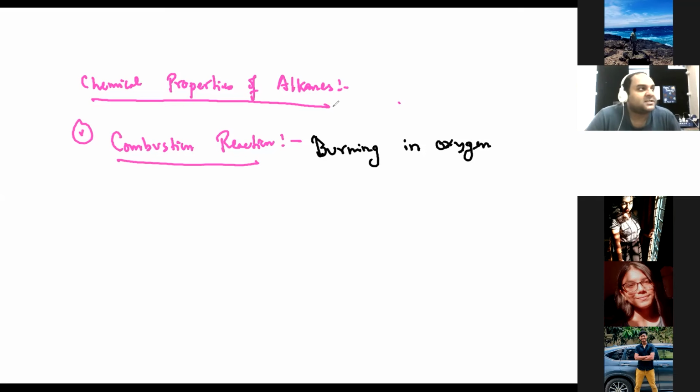So a combustion reaction can again be of two types. One is complete combustion, and the other is incomplete combustion.